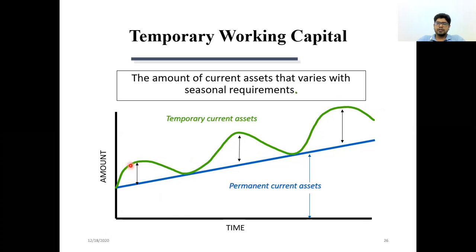Say, for example, if you assume your business is a textile business, in the months of November and December your sales will come down, and when March, April comes, a new year comes, you are facing a big amount of sales.